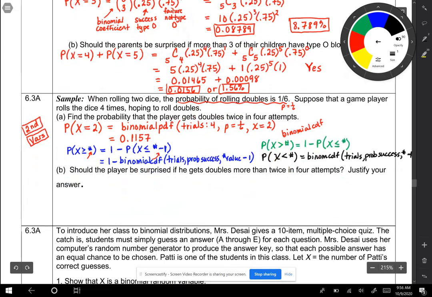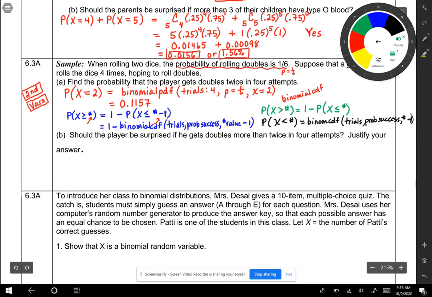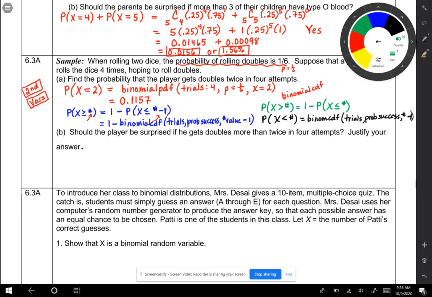Let's do some examples and maybe that'll help. Should the player be surprised if he gets doubles more than twice in 4 attempts? When we do some examples, I think it'll really make sense. More than twice means greater than 2.